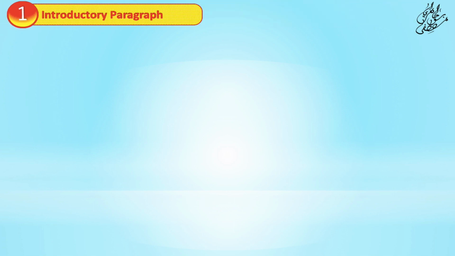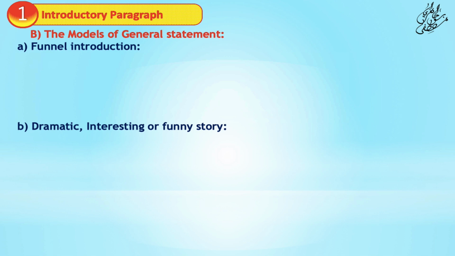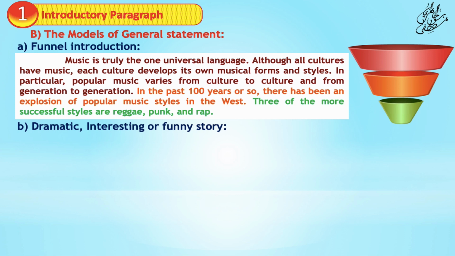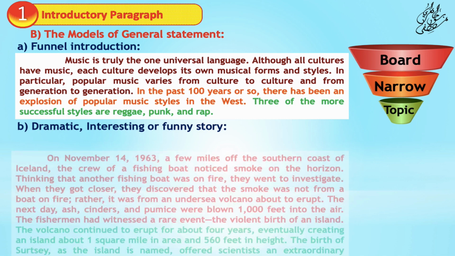At this stage, we will look at different models of general statement. Firstly, the funnel introduction, by its name, can be understood by this chart. The opening statement is general, then supporting statements make less general points and lead to the specific topic that is stated in the thesis statement.